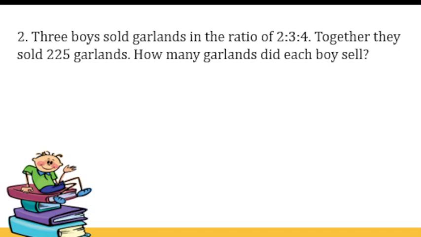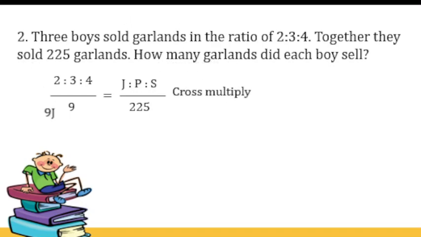And then let's name the 3 boys James, Peter, and Simon, or J, P, and S. So 2 is to 3 is to 4, which sums to 9, as J, P, S is to 225. And then our first ratio is 2 is to 9, and then cross multiply. So that will become 9J is equal to 2 times 225.